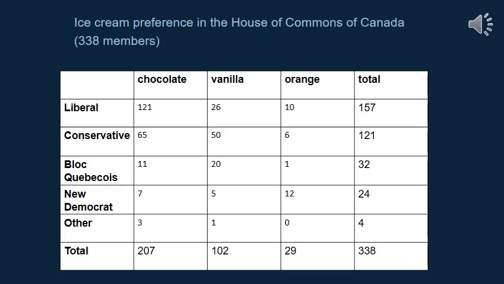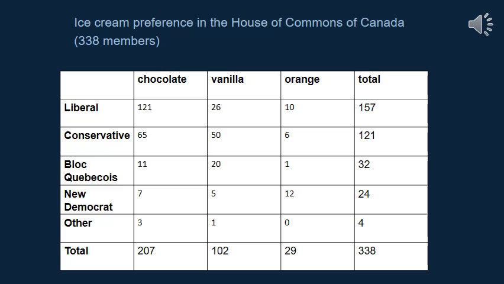I'm expecting to see more liberals with chocolate as their favorite ice cream flavor, but really, 121, that's a very high number. It's much, much higher than 26 for vanilla. I would expect these two numbers to be closer, not showing such a big difference. Maybe there's something going on with liberals and chocolate ice cream. They seem to like chocolate a lot.